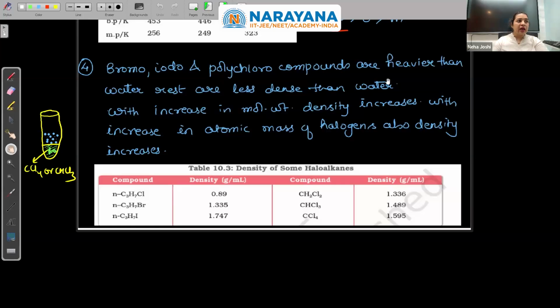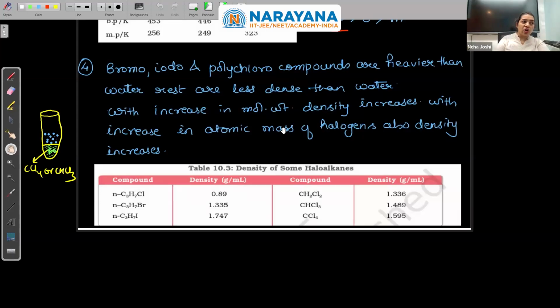Okay, these are heavier than water. Rest are less dense than water. Rest means what? Fluoro compounds and monochloro compounds are less dense than water. Okay, so with increase in molecular weight, density increases.